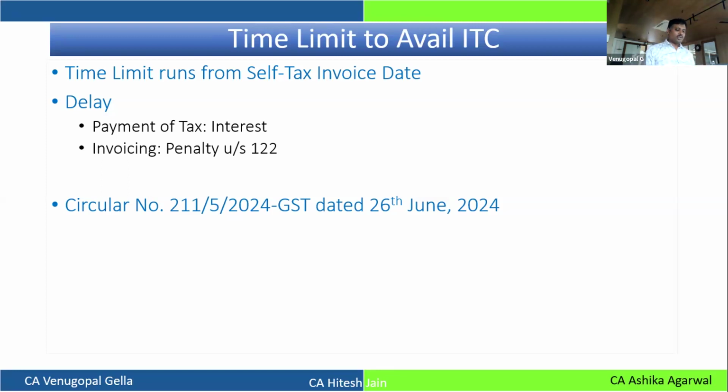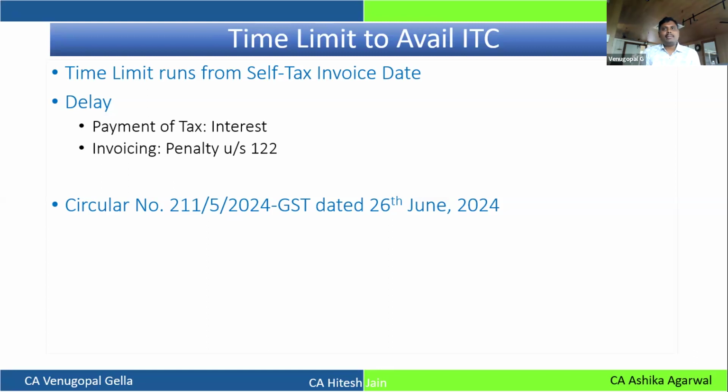Section 16 subsection 4, the time limit to avail input tax credit by 30th November of the subsequent financial year would be applicable for reverse charge liabilities also. Just that we got a one-time exemption by way of the circular in the past. The wordings had a little drafting lacuna that has been set right in the Finance Act 24.